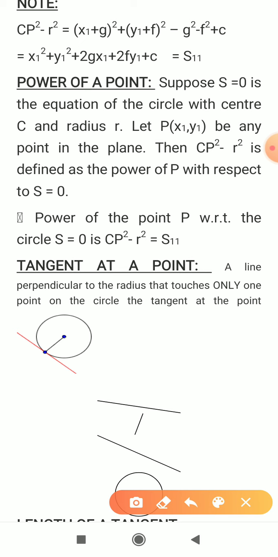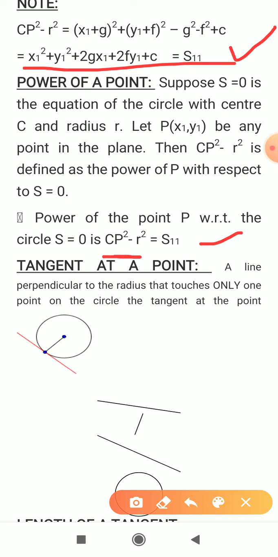Here you observe, already in our note we found CP square minus R square as S11. So S11 is the power of the point with respect to the circle. So we write: the power of the point P with respect to the circle S = 0 is CP square minus R square.